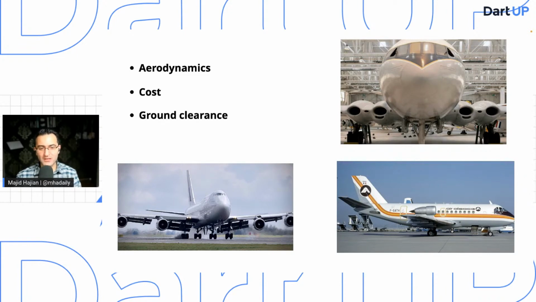For situations where you need short takeoff and landing, the engine on top is much better. Also, because the engines on top of the wings are further away from the ground, the clearance of the engine is much better.